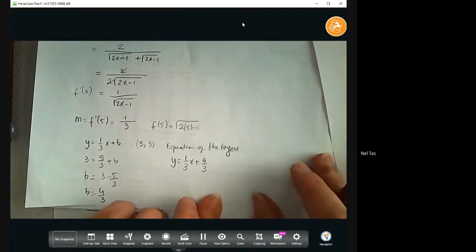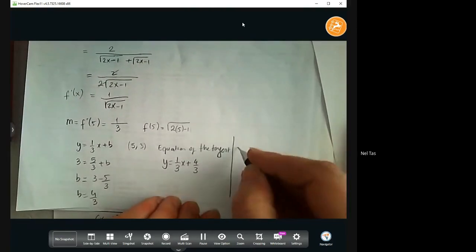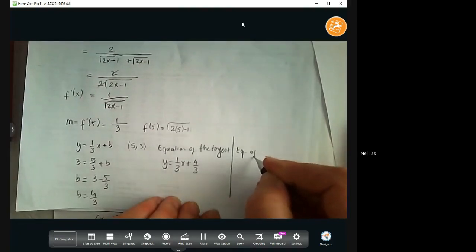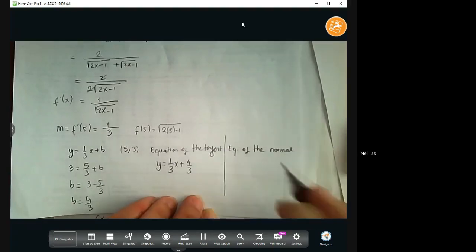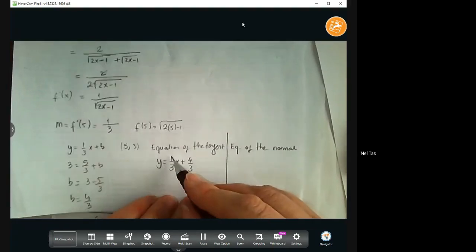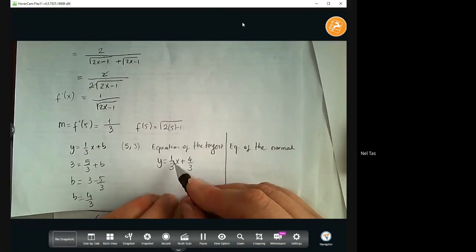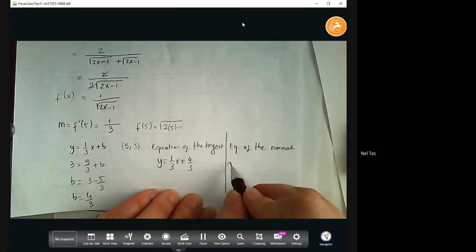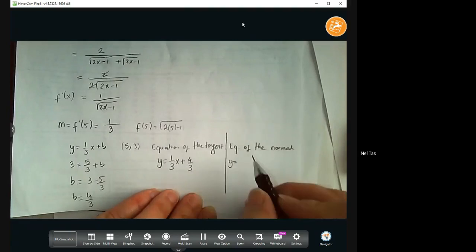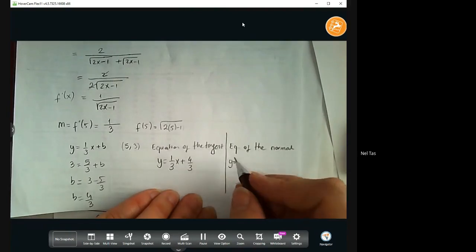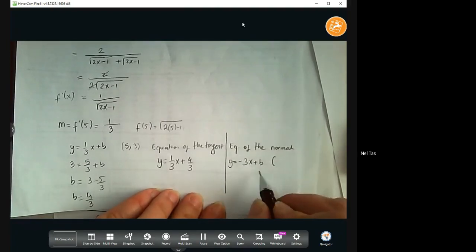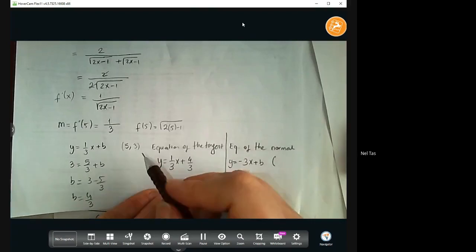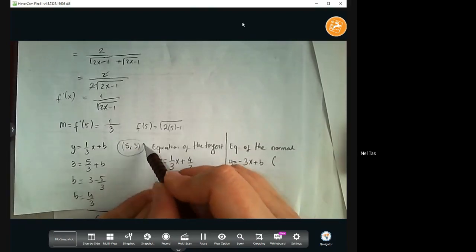We also need the equation of the normal. So we look at the slope of the tangent and take the negative reciprocal. Again, the normal and tangent are perpendicular. Negative 3 you will get. And we need the point to sub in to get the b. So we use again the same point of tangency, 5 and 3.